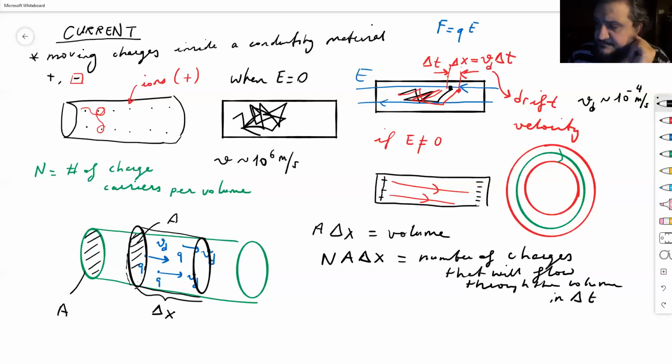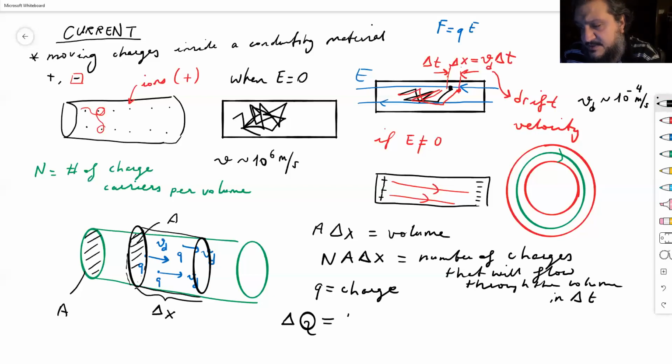All right, so that will be the number of charges, and each charge is q, let's say. q is the charge. If you multiply the number of charges by q, you get the total charge, delta q, that corresponds to delta x, right? So delta q will be this number, which is nA delta x times q.